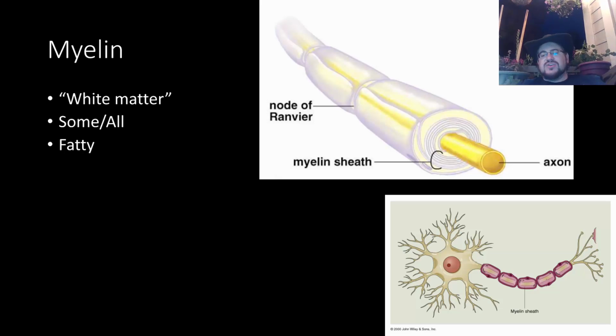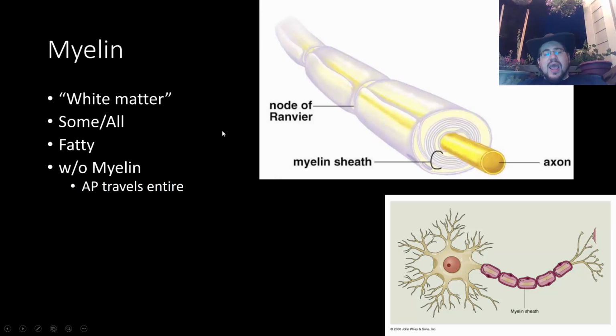They're a little fatty structure, and they insulate the axon such that an action potential actually jumps between the little spaces of the myelin. They call it the node of Ranvier. You definitely don't have to remember node of Ranvier. But the impulse jumps between the little nodes, the little junctions between the myelin pieces. And because the impulse jumps, it moves much faster.